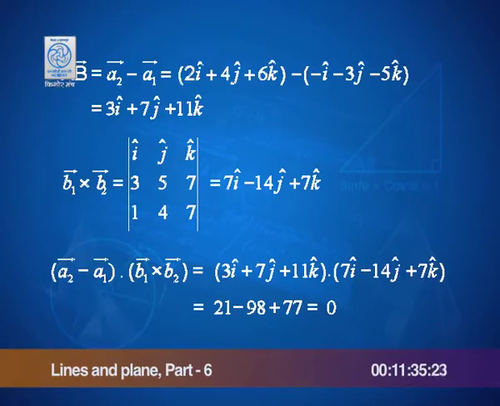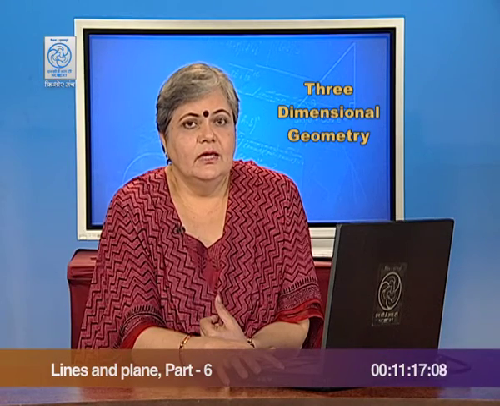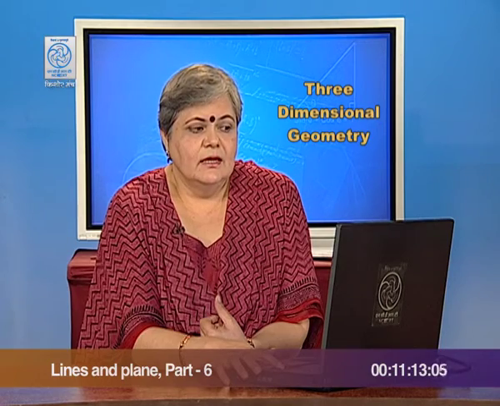What do you have to do now? Verify that AB is perpendicular to B1 cross B2. So find the dot product, and as you can see here, the dot product turns out to be 0. That implies that the lines are coplanar. But how do we now find the equation of the plane containing these lines?